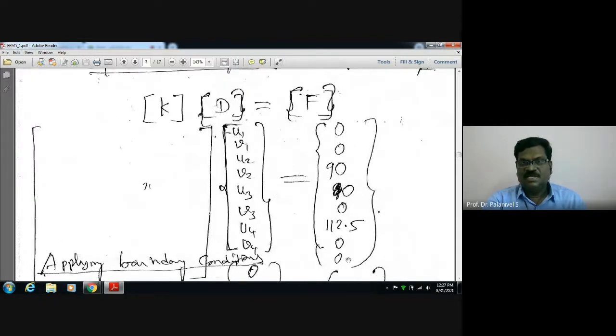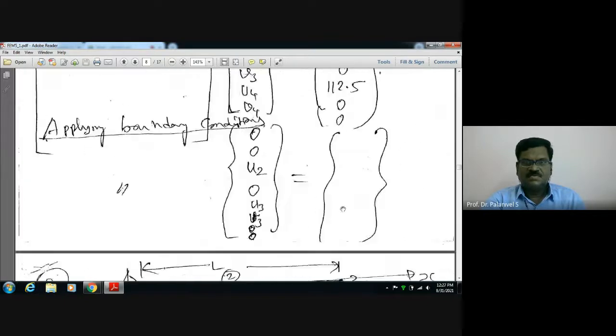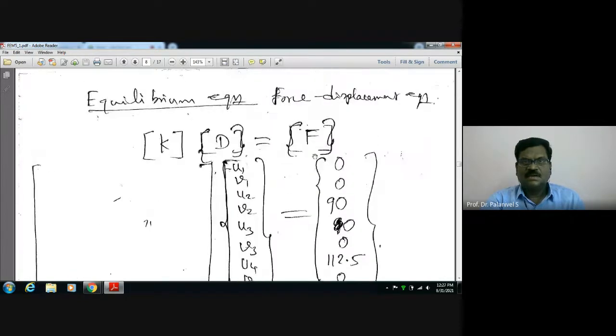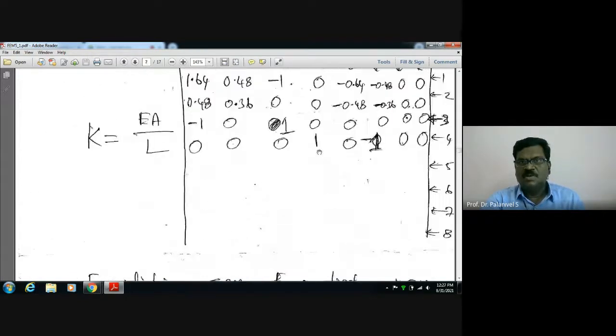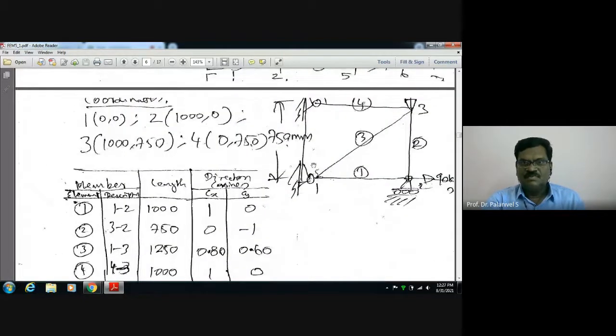Okay, force vector. Please note, if support reactive forces are there, which are unknown to us, you can write them as I told you, X1, Y1, even Y2 and all. Later, apply the boundary condition. I have shown it here. Applying the boundary condition means U1 and V1 are 0 because node 1 is an immovable hinge.